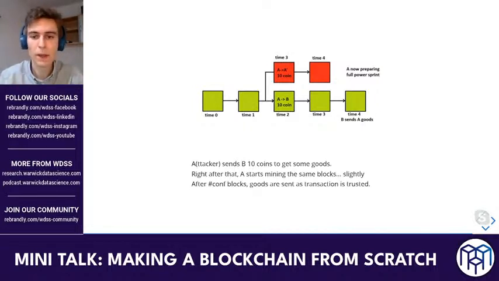This is called double spending. So at time 4, when the goods were sent, you can see that the attacker is one step behind, but it will now run at full power to catch up.